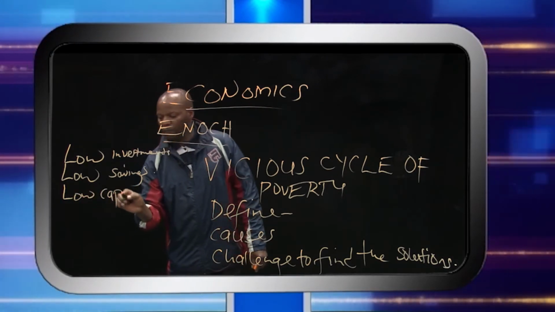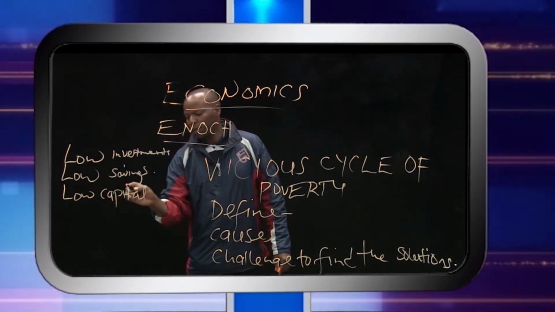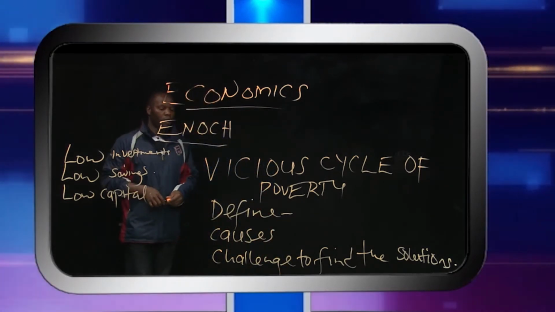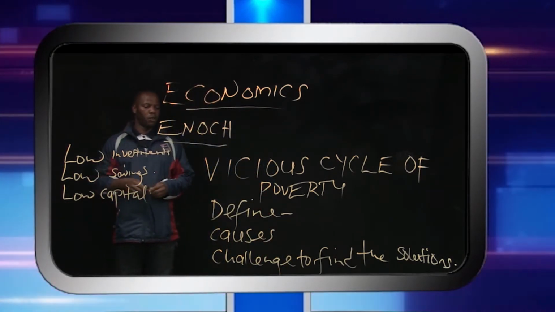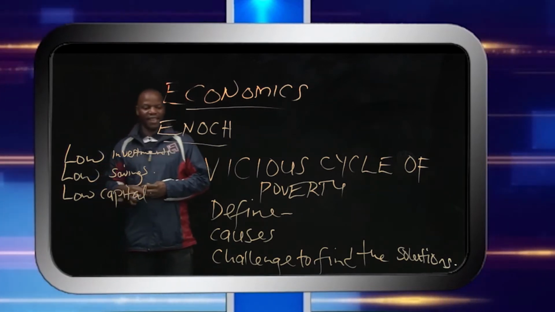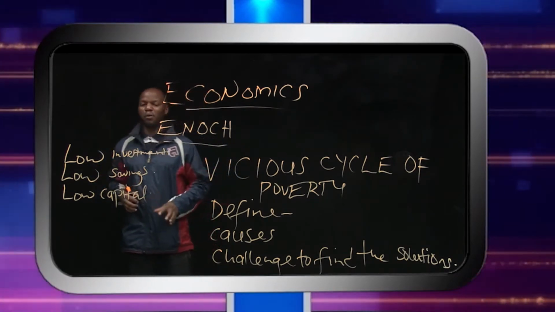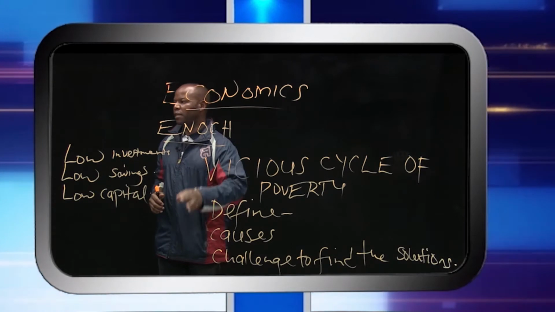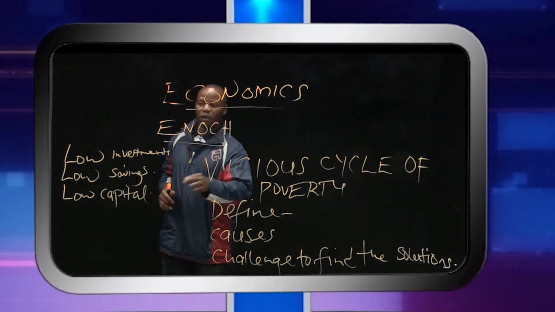Now we ask ourselves, if you are faced with such a situation as a country or a family, what are the external factors that can push you out of this vicious cycle of poverty?